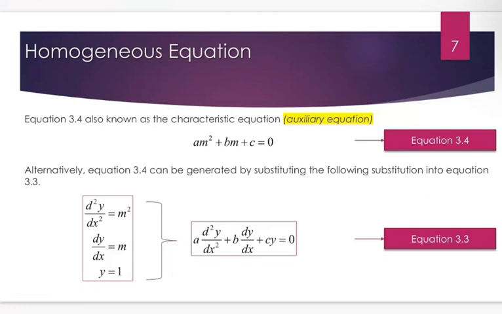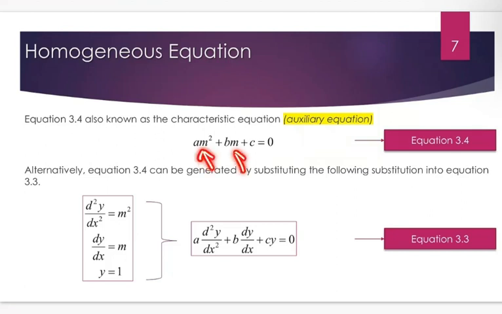This equation we call a characteristic equation. Remember, our job is to find m. So from the second order equation, we have transformed it into the characteristic equation, and we want to find the value of m.